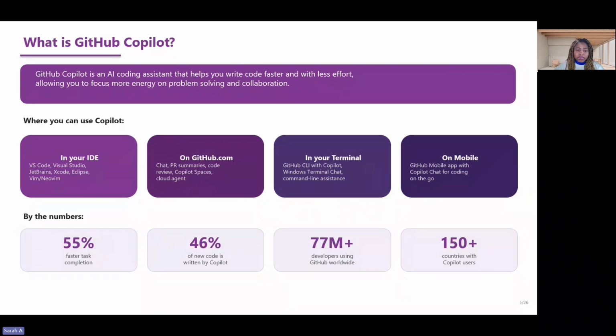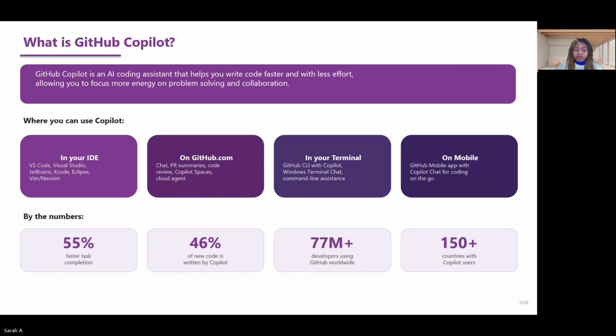Then on github.com itself, you can chat with Copilot directly in your browser, get pull request summaries, and use Copilot Spaces as well. In your terminal, GitHub CLI has Copilot built in, so you can also explain commands that you don't understand, and I'm going to show us shortly as well. And finally, on mobile, the GitHub mobile app also includes Copilot Chat for coding on the go.